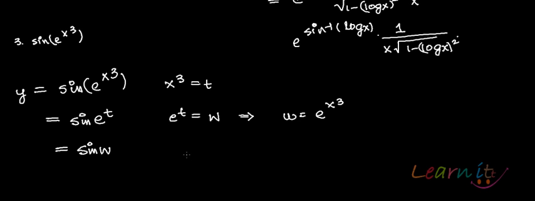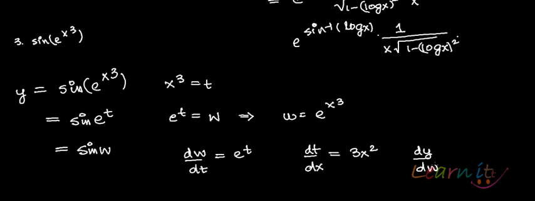Okay, now you can find out basically what is dw by dt, which is just e to the power t. You can find out what is dt by dx, which is 3x square. And you can also find out what is dy by dw, which is cos of w.